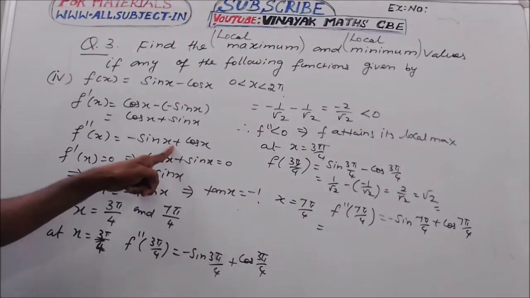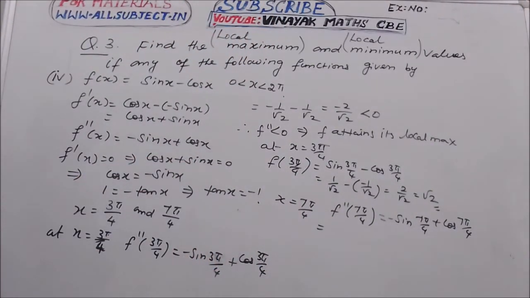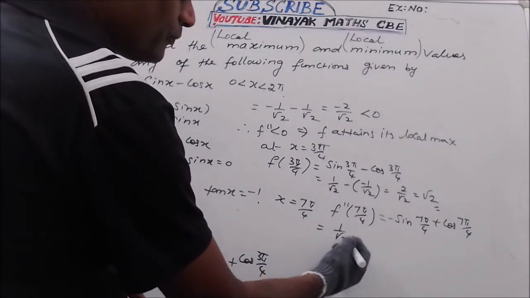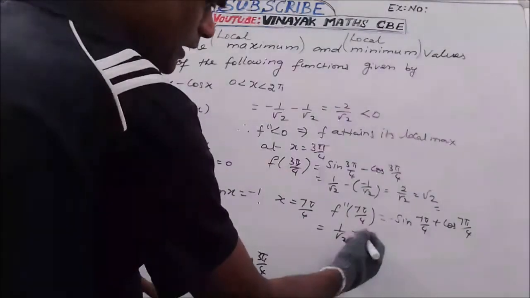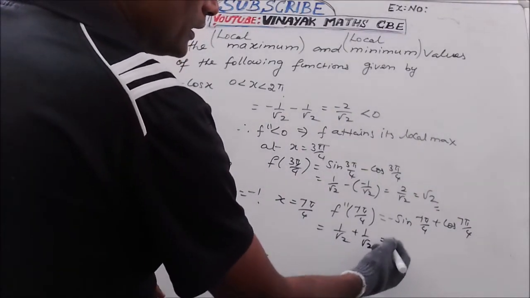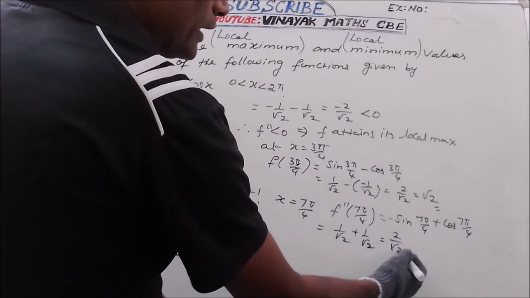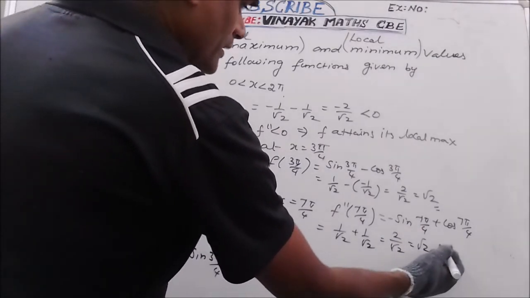Simplify it, we have minus sin 7 pi by 4 implies plus 1 by root 2 and cos 7 pi by 4 implies plus 1 by root 2, which is equal to 2 by root 2 equal to root 2. This is greater than 0.